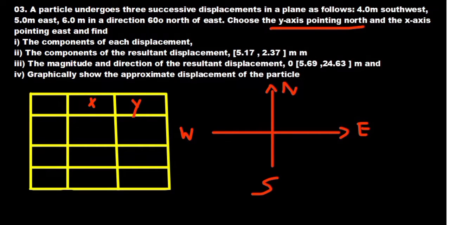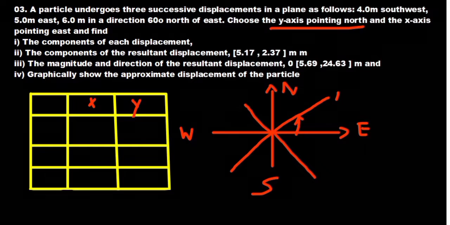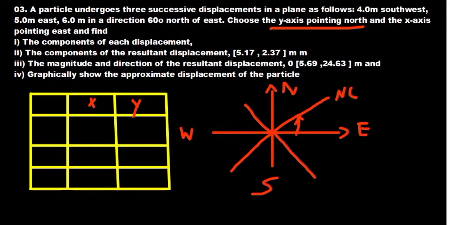Whenever they give you something in between, it can be between the west and the north and the east. I'll use the north and the east to give you examples. When I'm moving from the east towards the north like this, this is called north of east, because I'm moving from the east, I'm going to its north.